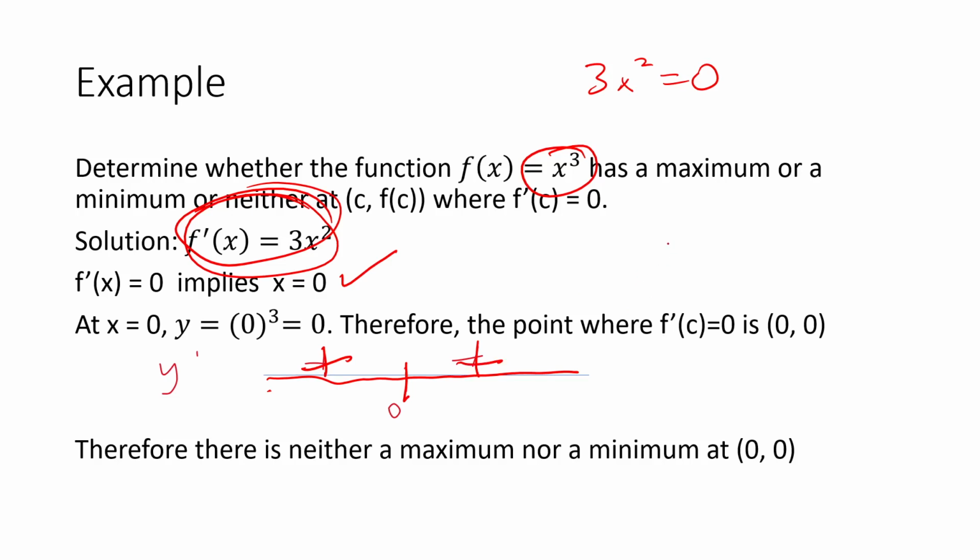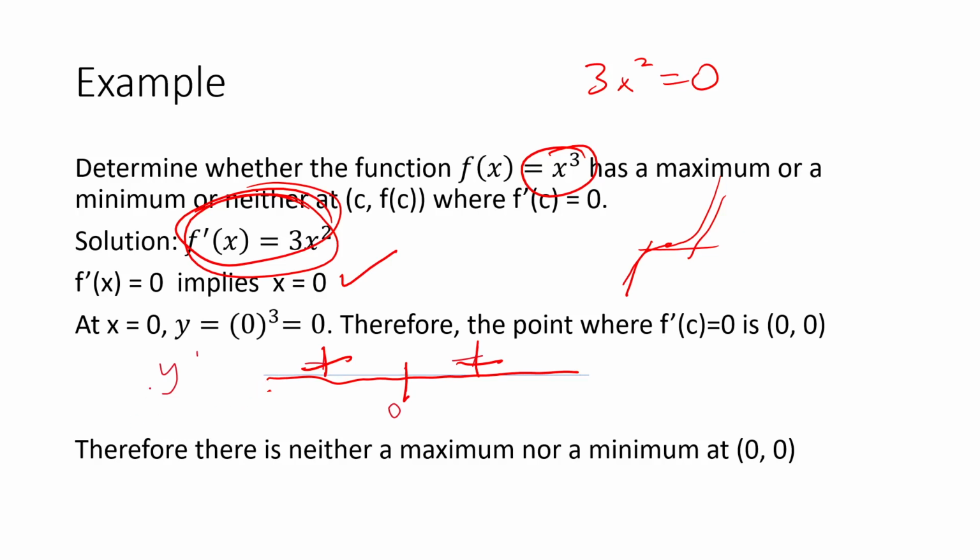So what we've got is a point where we've got a curve with a positive first derivative, a 0 first derivative, and then another positive first derivative. We're going to have neither a maximum nor a minimum there. So the critical number x equals 0 represents neither a max nor a min.